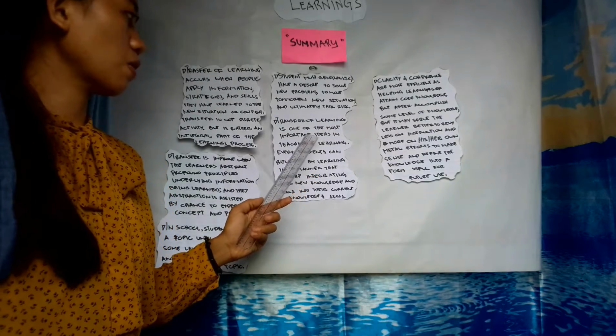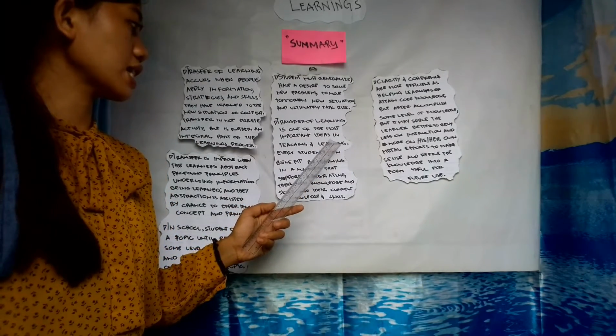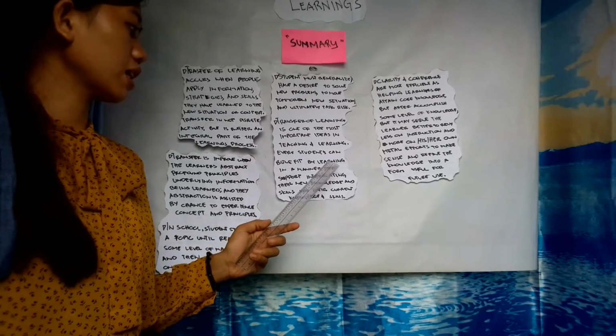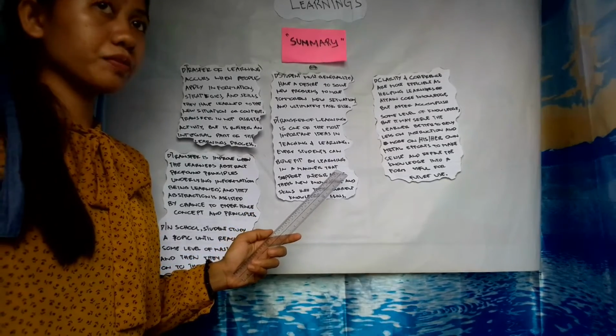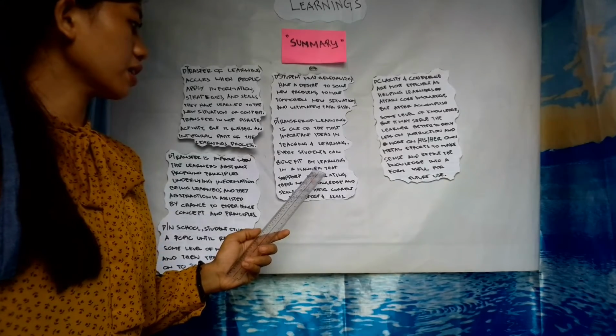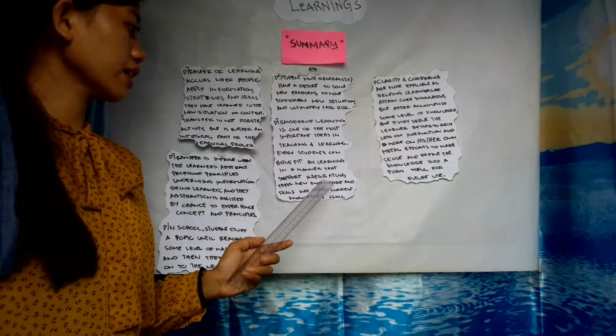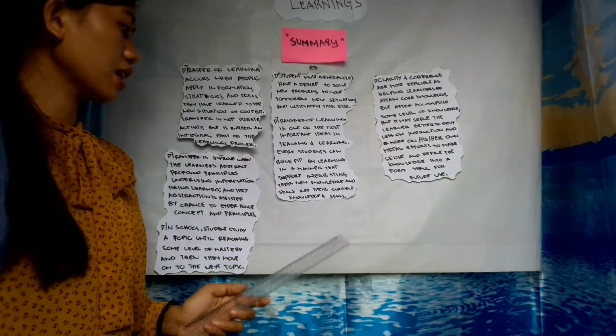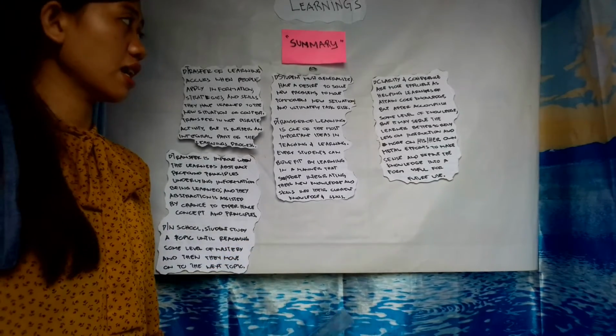Transfer of learning is one of the most important ideas in teaching and learning. Every student can benefit from learning in a manner that supports integrating their new knowledge and skills into their current knowledge and skills.